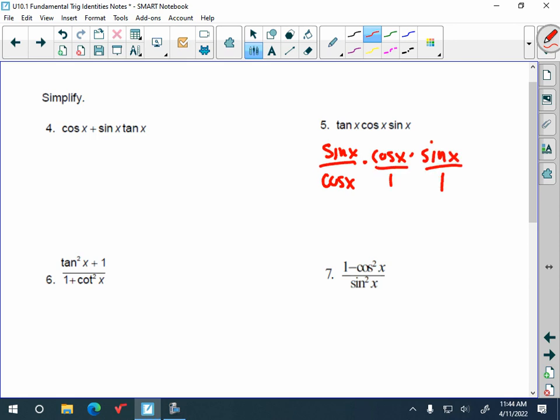I can write each one as a fraction by putting it over 1. Now, because of multiplication of fractions, I can cross cancel, so I can cancel the cosine x's out. Then multiplying what's left, sine x times sine x is sine squared x over 1, or just sine squared x.